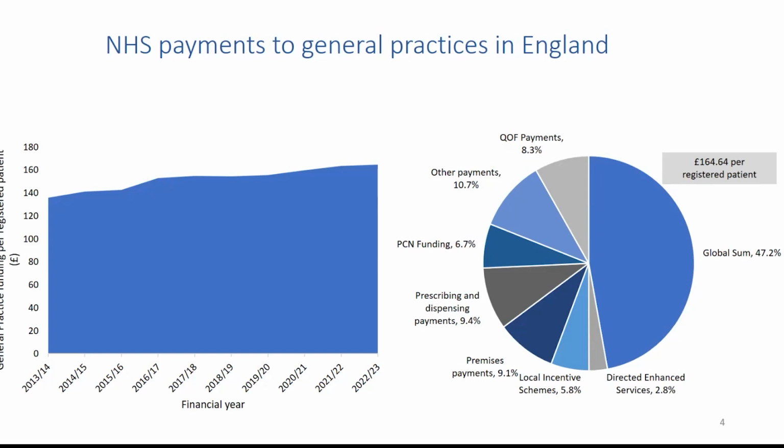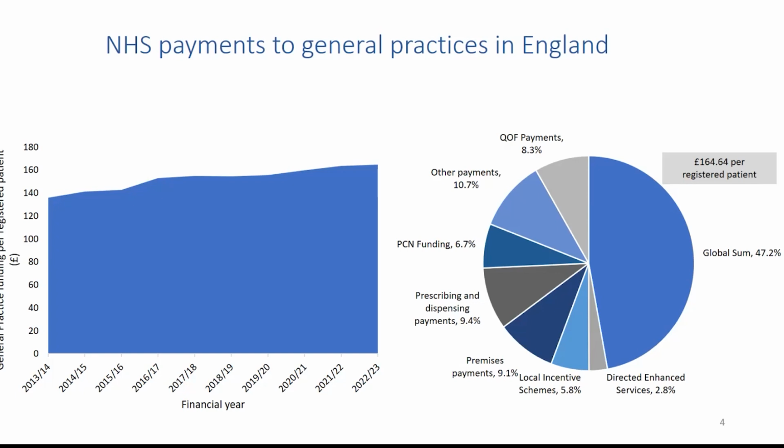We then have what's called PCN funding. So that's primary care network funding, making up 6.7%. That's essentially where practices get together and look after a patient population of about 50,000. And that was really put in place to help with health inequalities. We'll talk about that later. And also workforce challenges as well.